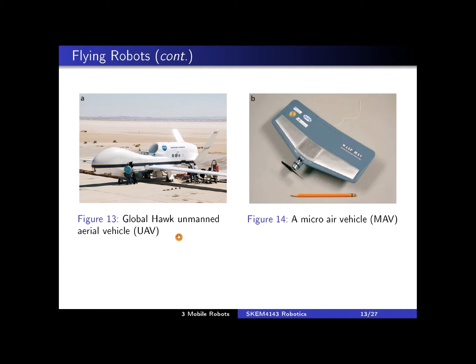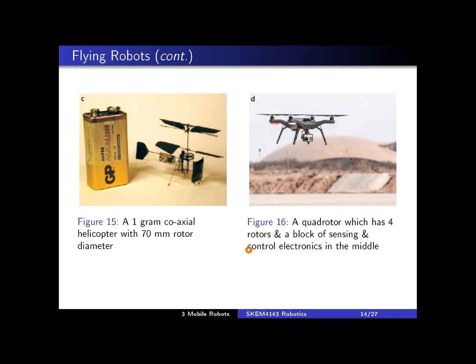This is the Global Hawk Unmanned Aerial Vehicle, UAV, and it is a fixed wing UAV. It's called fixed wing because the wing is fixed in its position. It does not move. This is a micro air vehicle, MAV, because it's small. And this is a 1 gram coaxial helicopter with 70 mm rotor diameter.